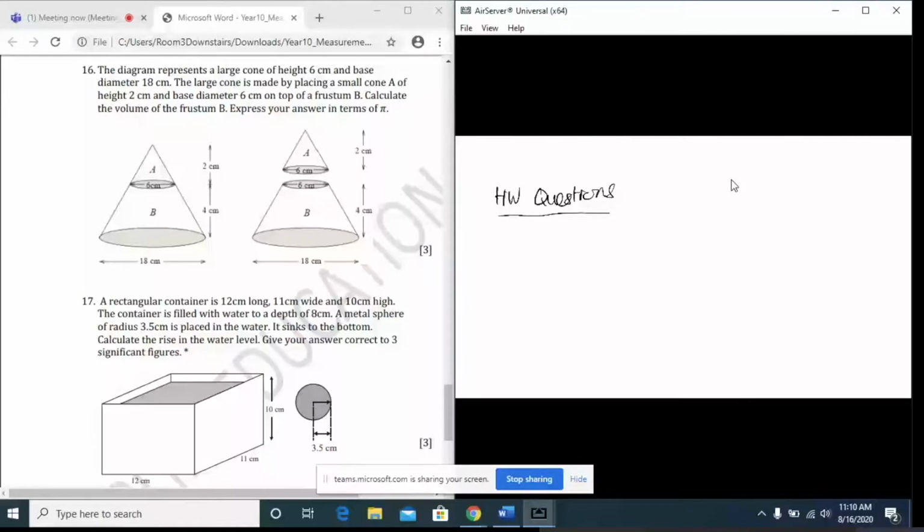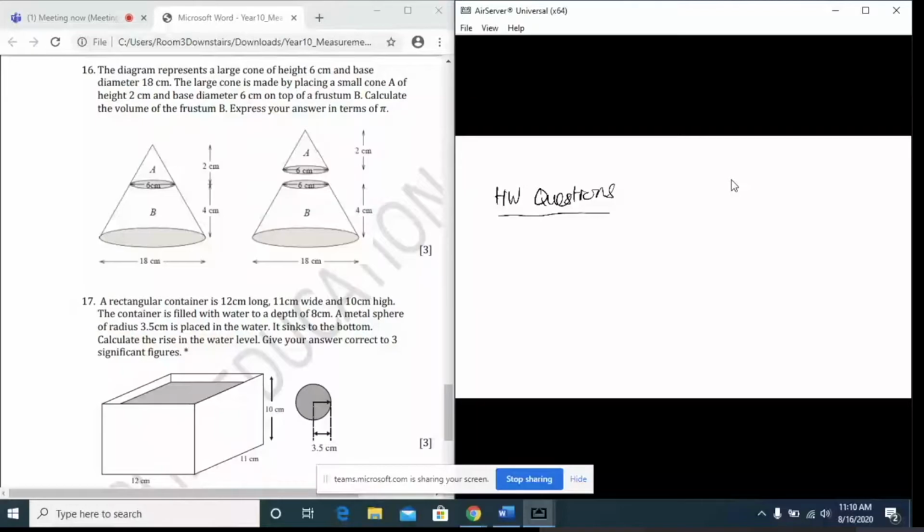Now, we are interested in finding the volume of the frustum. This question here isn't too tricky. It just involves us first figuring out what the volume of the small cone is, then what the volume of the larger cone is, and then minusing them out. That's essentially what it's going to be for question 16 here.